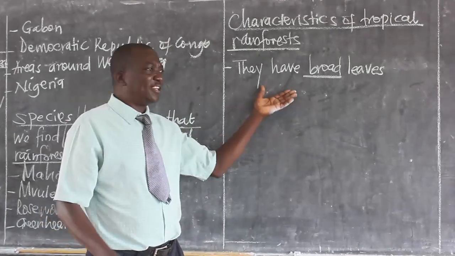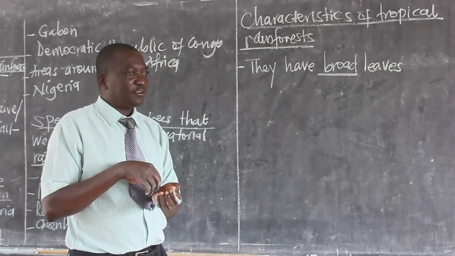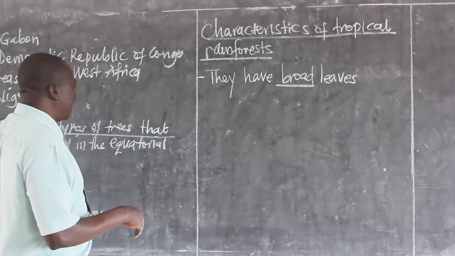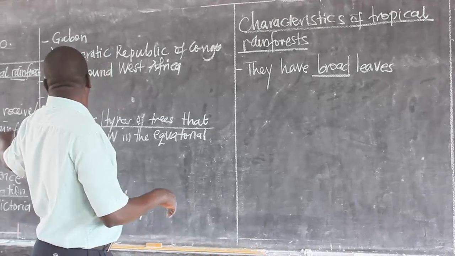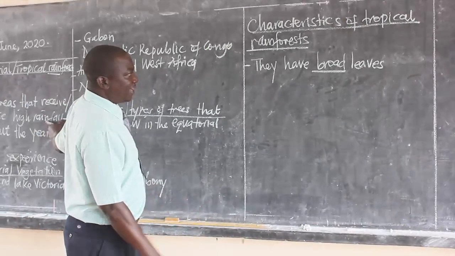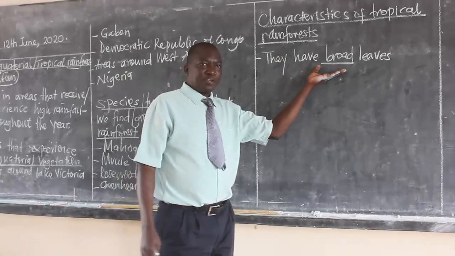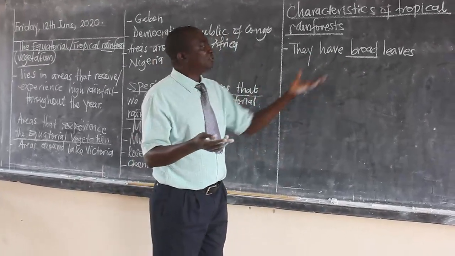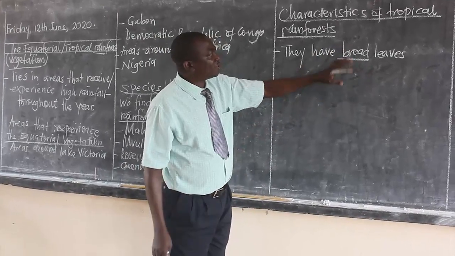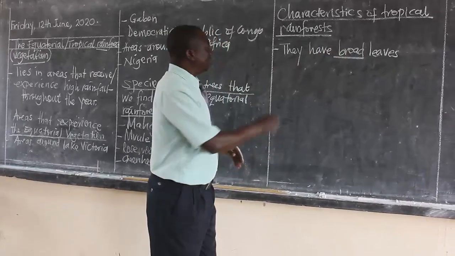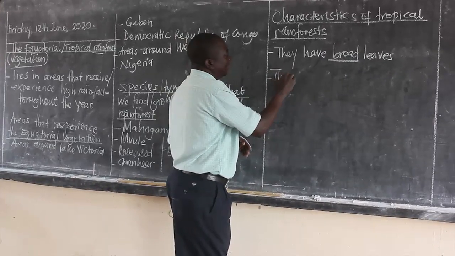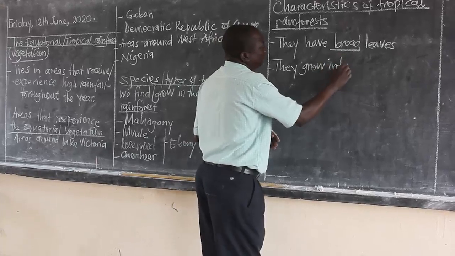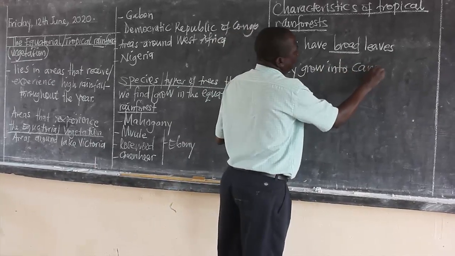And the reason for that is that they reduce the rate of transpiration. But because this one here is experiencing the high or too much of the rainfall that is received, they are able even to release that excess water through these large leaves. So that's why they have those ones. Then another one, we say they always grow into canopies.